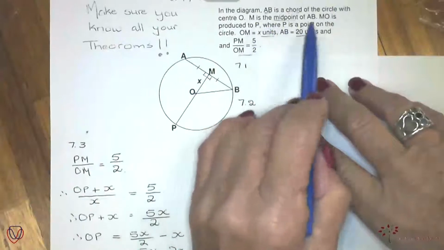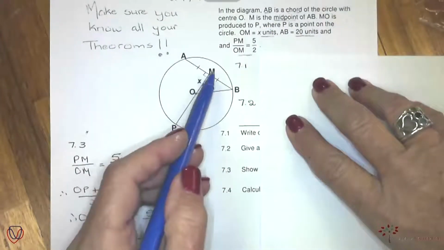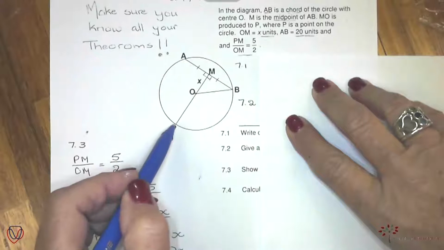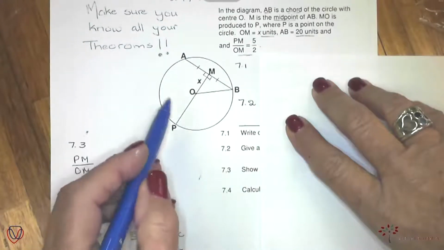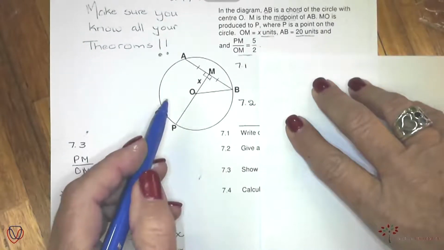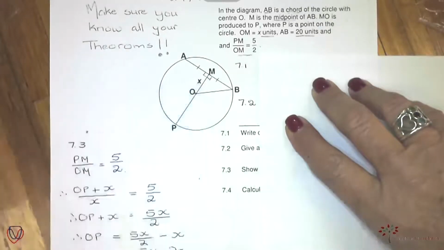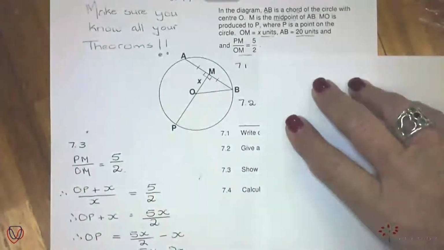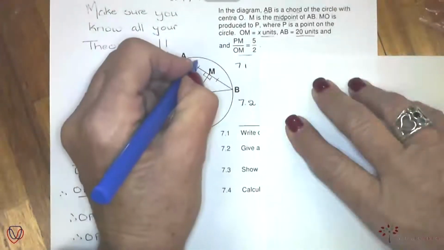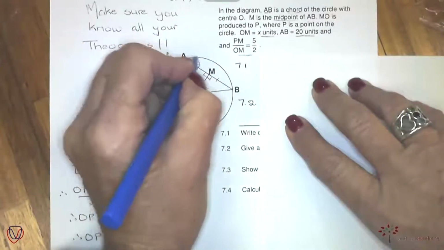M is the midpoint of AB. MO is produced to P, where P is a point on the circle. OM is equal to x. There, they gave it to us. AB is 20. So what do you know about each one of these? 10, 10.